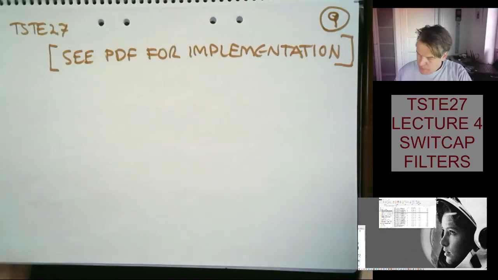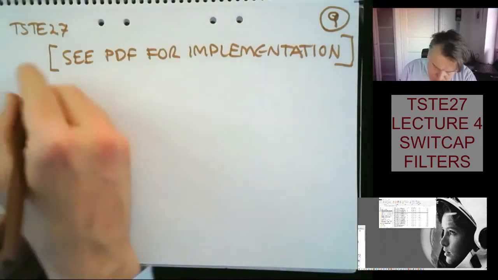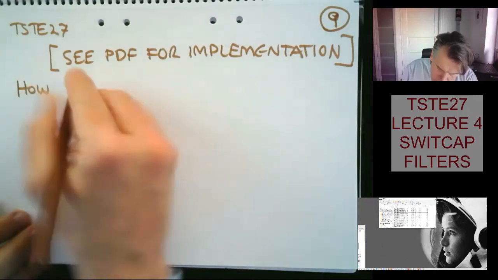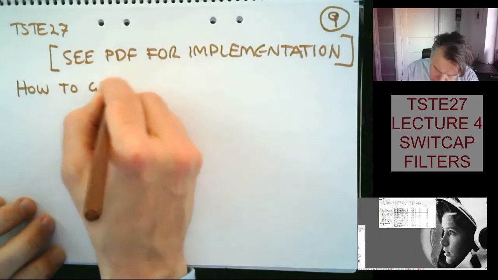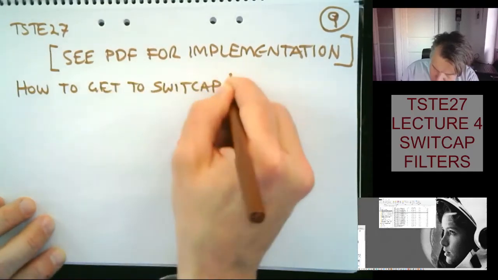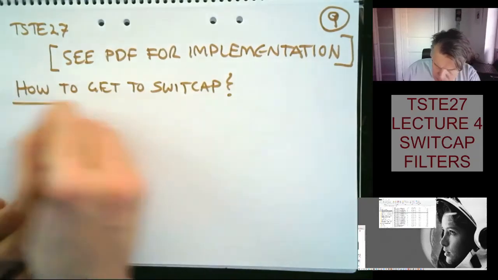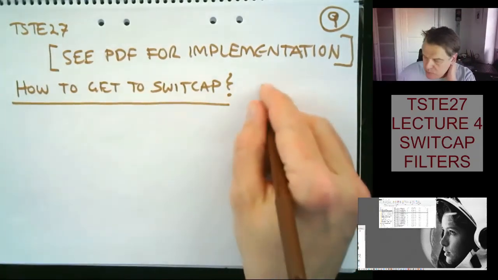And then we need to do a slight discussion on how to get to SWITCAP. Okay, so it's about getting from continuous time to discrete time.